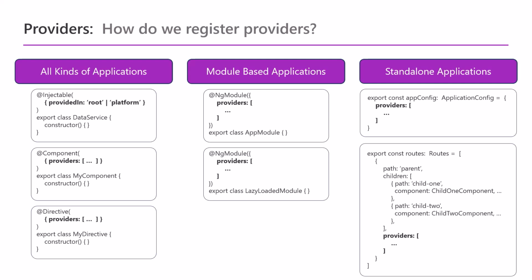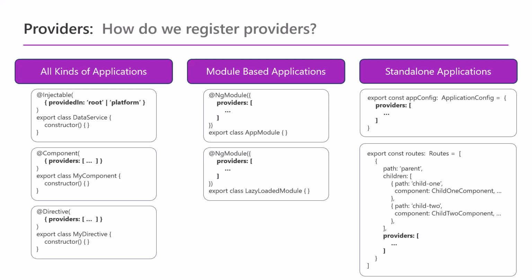For both types of these applications, we can register a service class using the providedIn property of the Injectable decorator. And as we saw, when we set the providedIn property to root, an instance of the service is created, and that instance of the service is used by all of the components, directives, and services within the application. We can also set providedIn to platform, and this setting has a special use case.